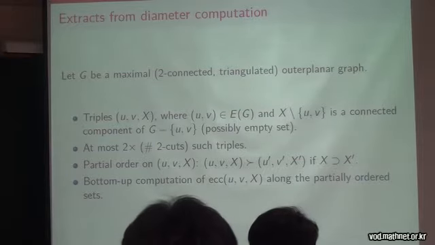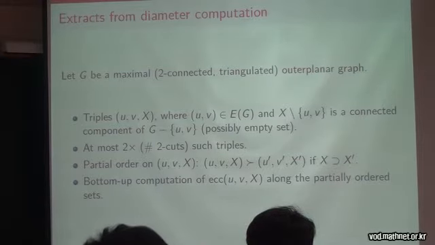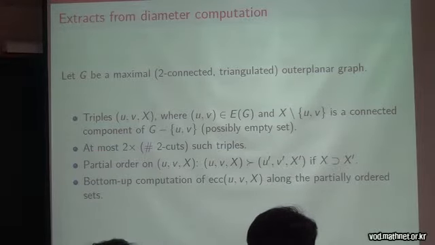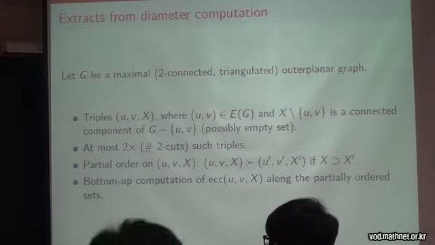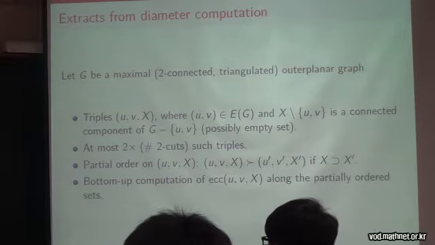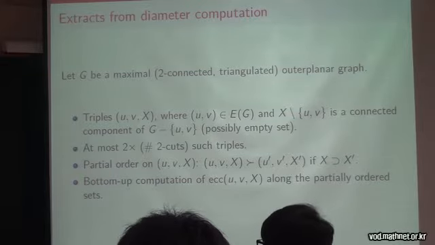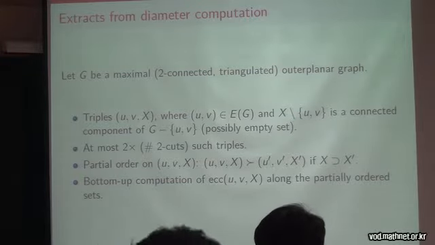For one tuple, you can compute the value of ECC using the ECC for the smaller ones. For the minimal elements in this partial order, you can compute the ECC easily because the minimal one looks like U, V, the two vertices, and this is either 0, 1 or 1, 0. So these are the two types of ECC.